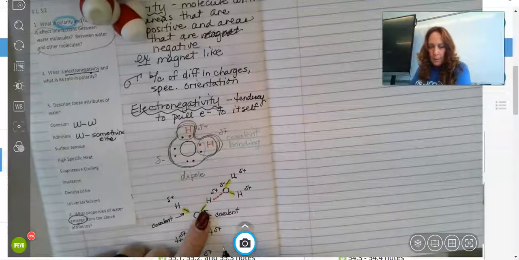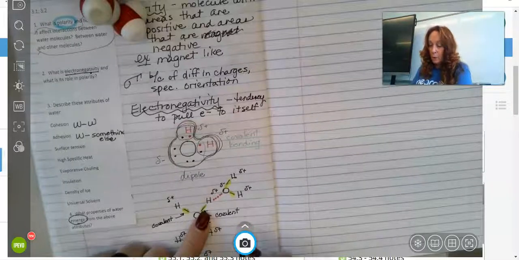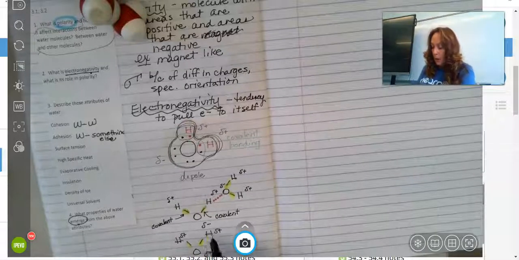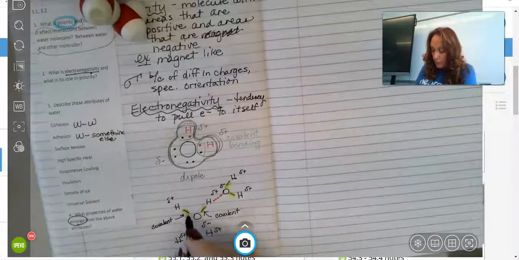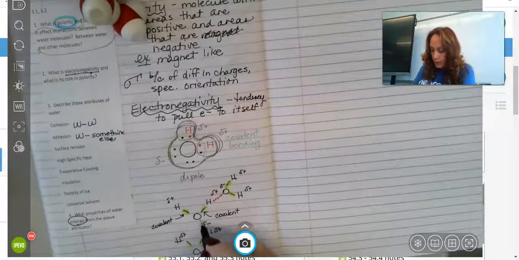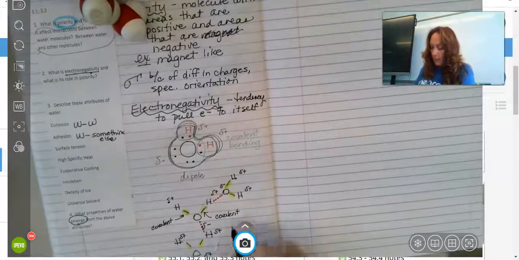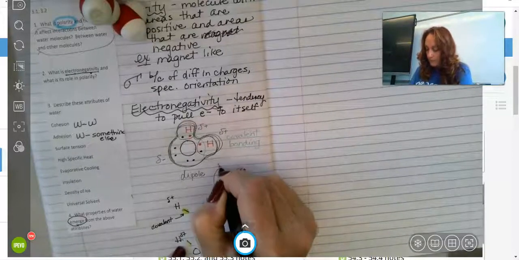And hydrogen bonds themselves are very weak. But together, trillions of them are really strong. So, again, this is one water. This is another water. So the attraction here between the oxygen of one water and the hydrogen of another, these are hydrogen bonds.